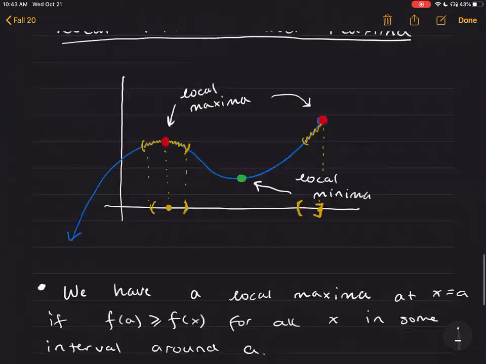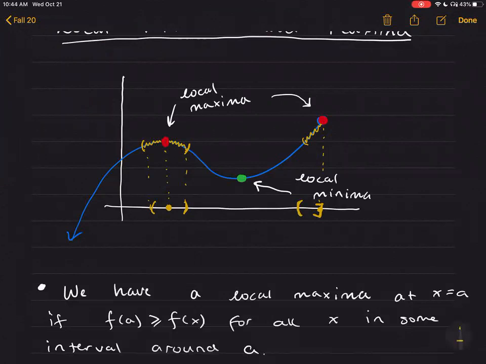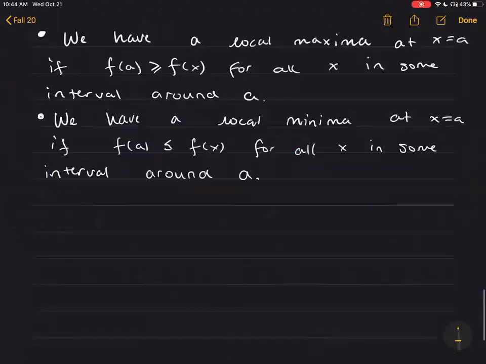So up in our drawing, if we look at our little local minima there, our interval would be just this thing right here. And if we pop that up to the graph, nothing in the interval gets lower than our green point, which is good. That's what we want for local minima.